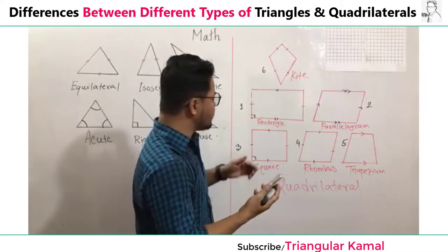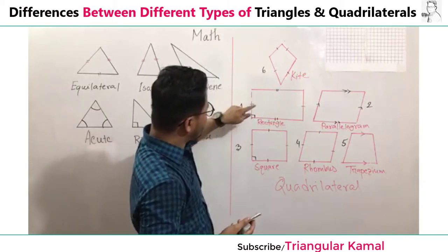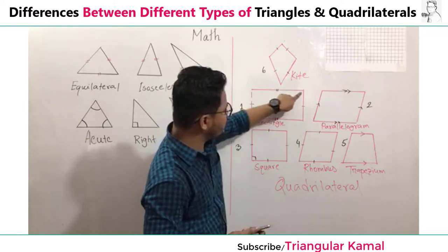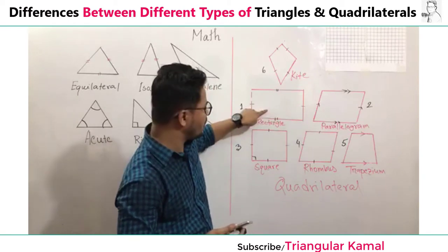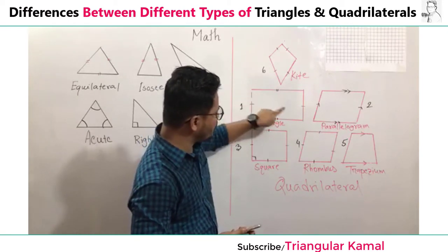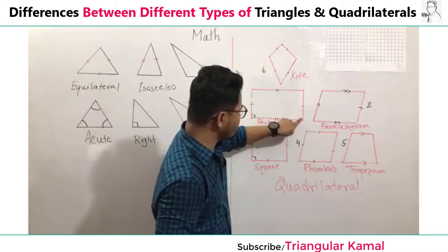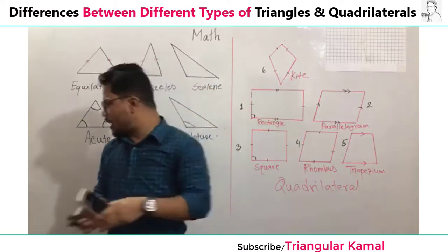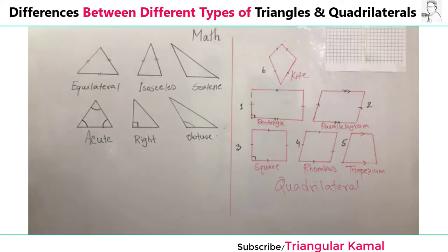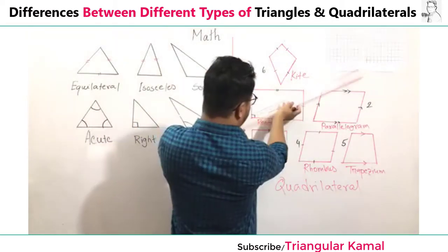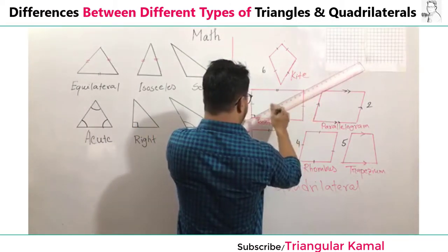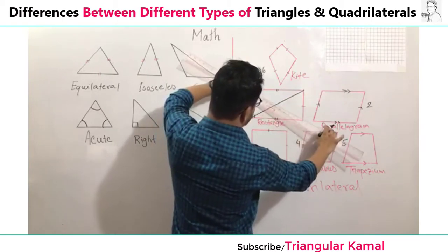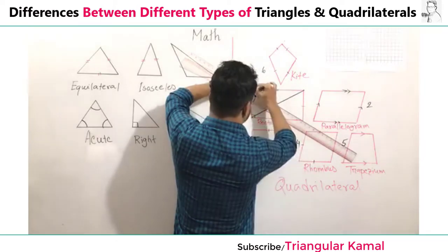And now what are the dissimilarities between them? The diagonal: if you draw a diagonal here, this top corner to the opposite corner is one diagonal, and this other top corner to its opposite corner is another diagonal.